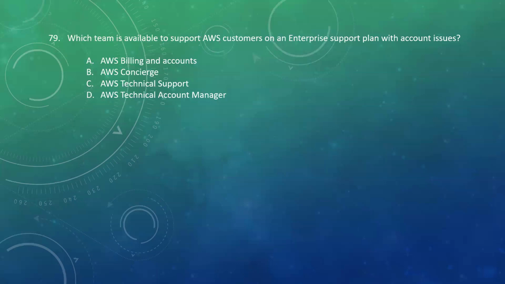Moving on to question 79. Which team is available to support AWS customers on an enterprise support plan with account issues? Your options are option A, AWS billing and accounts, option B, AWS concierge, option C, AWS technical support, option D, AWS technical account manager.